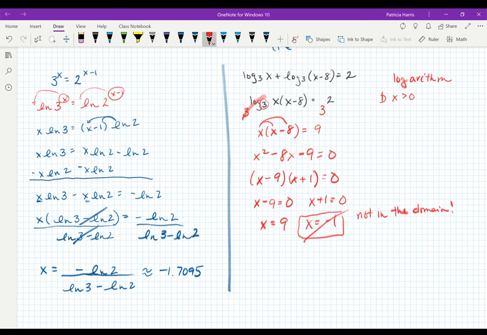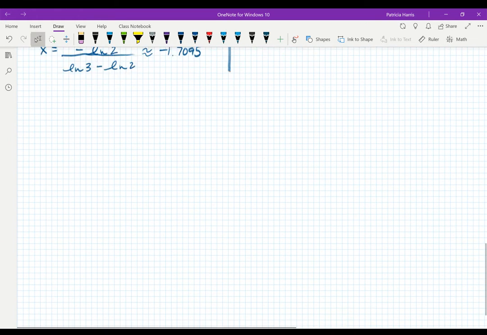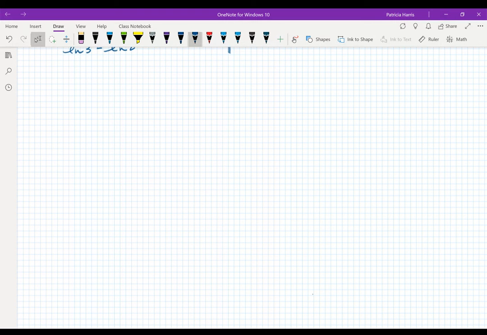All right. So remember, when you're solving with logs, first tip, you want a single log or ln.